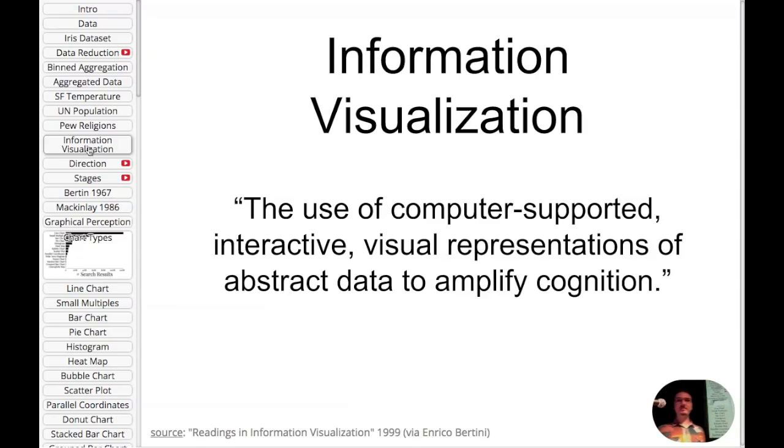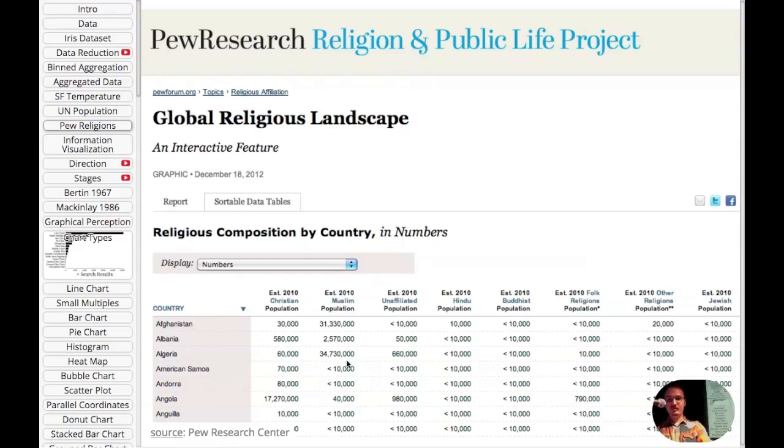And so this is how I like to frame all of this work around data visualization. It's amplifying cognition. It's letting us externalize parts of our thinking process. Because when you look at a spreadsheet like this, you have to read the number, and if you wanted to compare two numbers that were next to each other, you have to read the first number and read the second number, right?